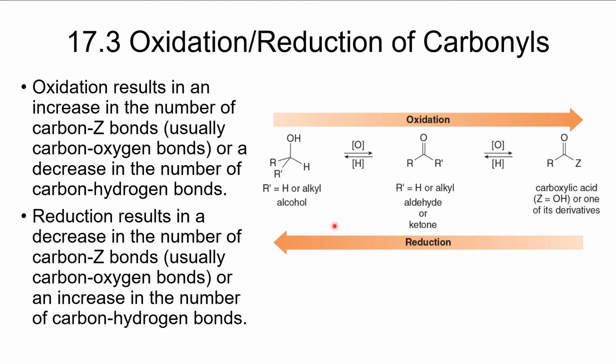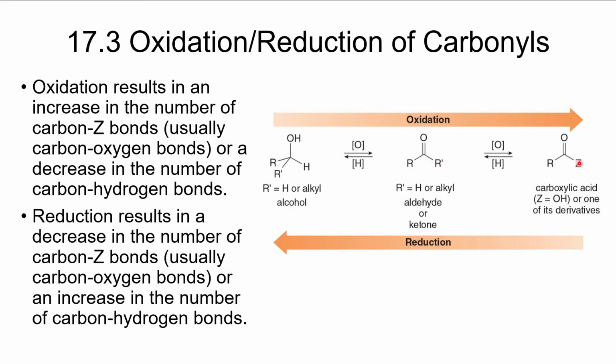If we decrease the number of carbon-Z bonds or increase the number of carbon-hydrogen bonds, we're going to call that a reduction. So here you'll see that we've got one carbon-oxygen bond and we've got some carbon-carbon bonds and a carbon-hydrogen bond there. If we oxidize this, we increase the number of carbon-oxygen bonds by 1 by creating this double bond, and we've reduced the number of carbon-hydrogen bonds by 1. So this is an oxidized compound from this alcohol. We can go a step further and oxidize by breaking one of these carbon-R bonds.